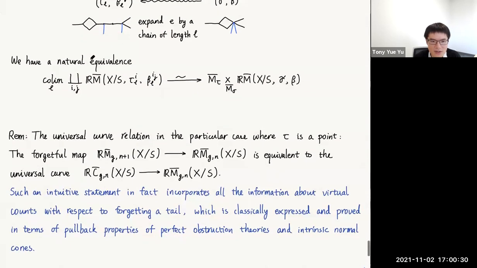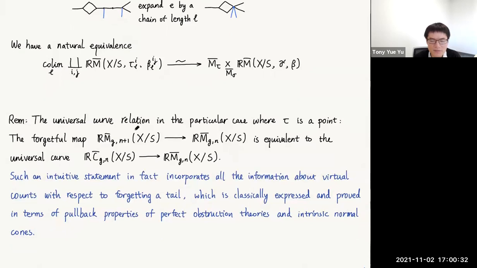For example, the universal curve relation above, in the particular case where tau is a point, just says that the forgetful map, forgetting the last marked point, is equivalent to the universal curve.